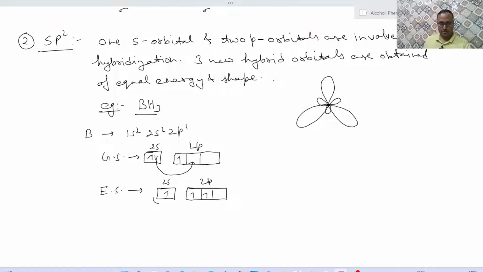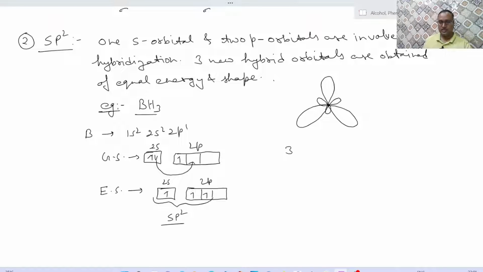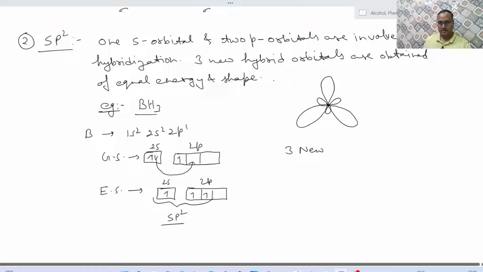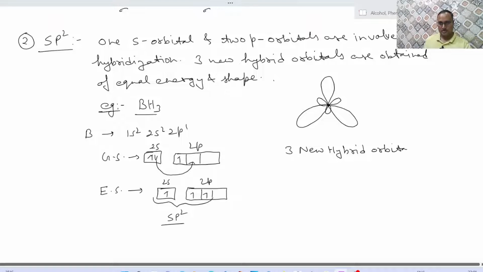So in order to solve the problem, they undergo the process of hybridization, which is sp2, meaning one s and two p orbitals will be involved in the hybridization, and we'll be getting three new hybrid orbitals of equal energy and shape.